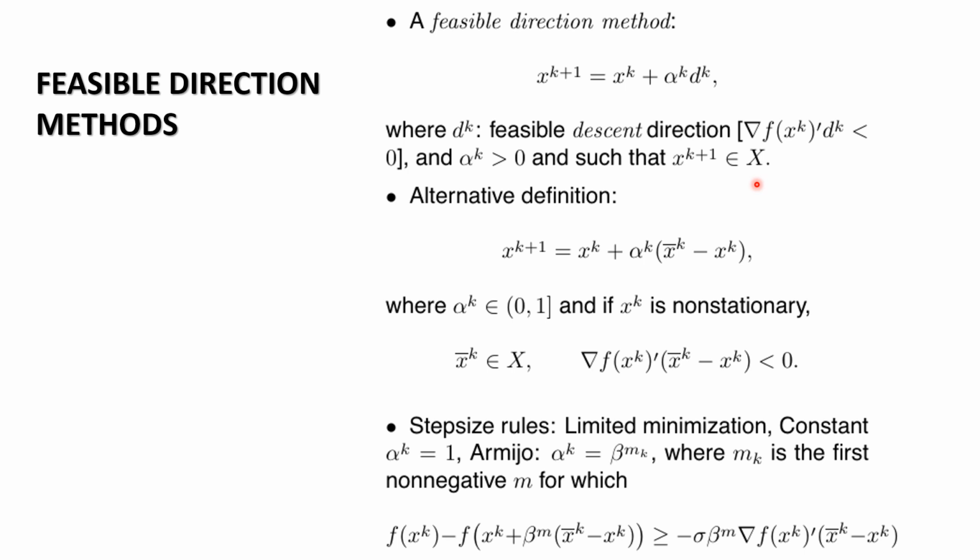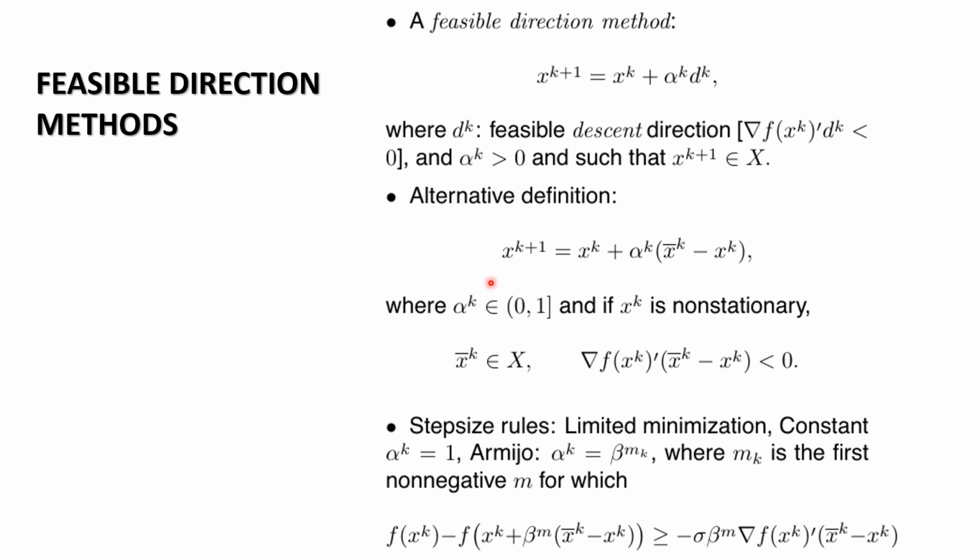It means reducing the objective f while staying feasible. And the step size is positive, small enough to ensure that xk plus 1 is from the same set X.